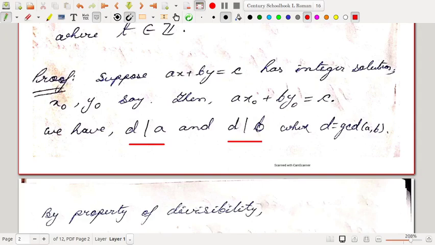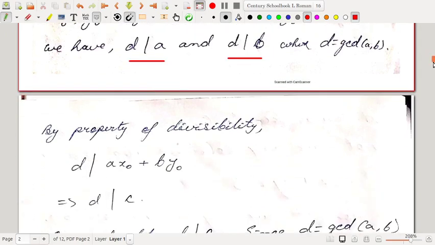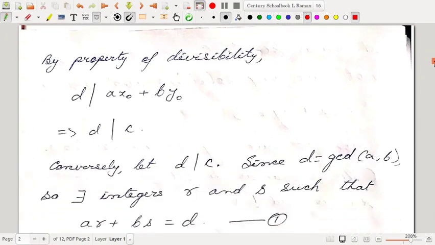Next, we use one very important property of divisibility, which we have already used many times in many problems.